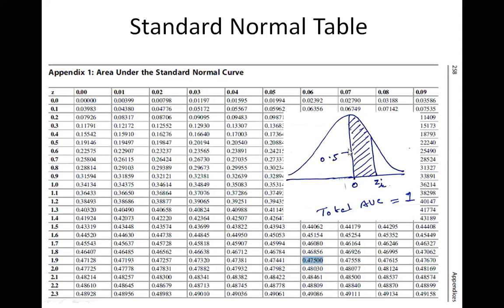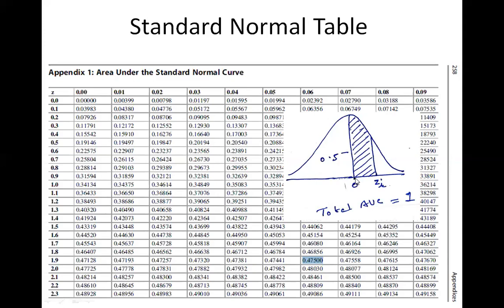It is half of this area under the curve, or 0.5, because left side of this 0 is 0.5 and right side of the 0 is 0.5 and the total area under the curve is 1. For a value of 70, Z score will be 0 because 70 was mean. 70 minus 70 will be 0.